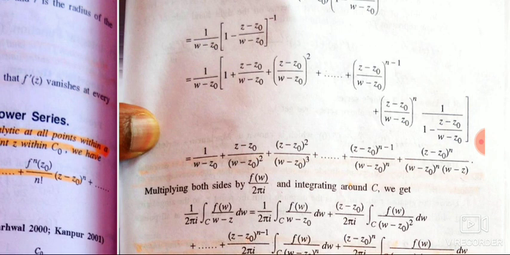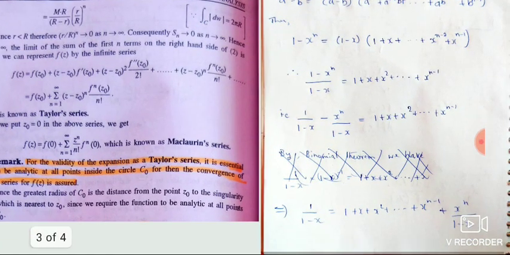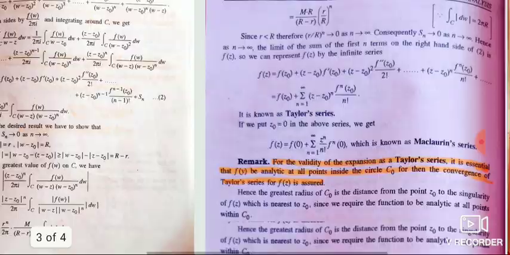So that is 1 by w minus z0, which is the same. The remaining one will be 1 plus x, that is z minus z0 divided by w minus z0, plus x square, that is z minus z0 divided by w minus z0 whole square, plus till x power n minus 1, that is z minus z0 divided by w minus z0, plus the last term, x power n divided by 1 minus x.